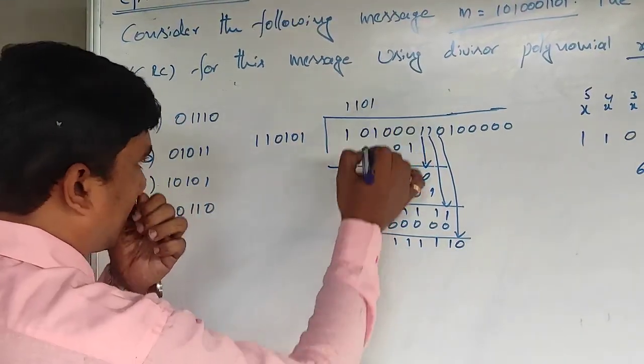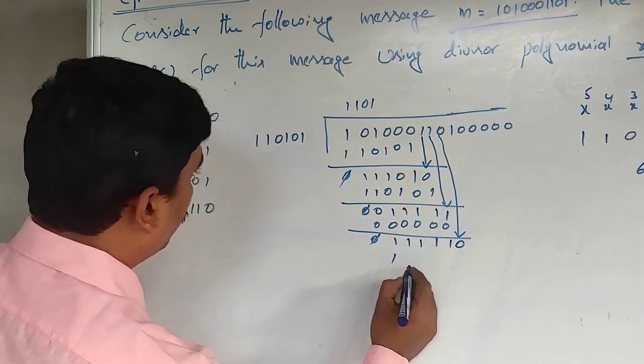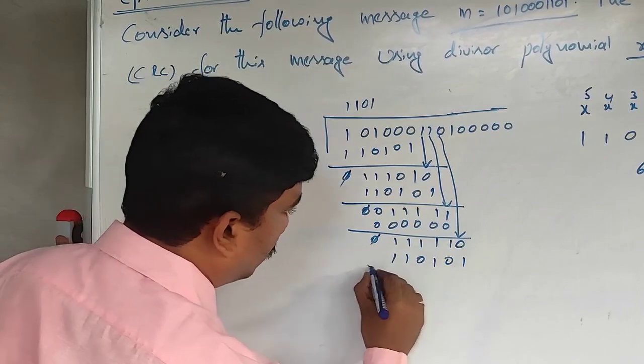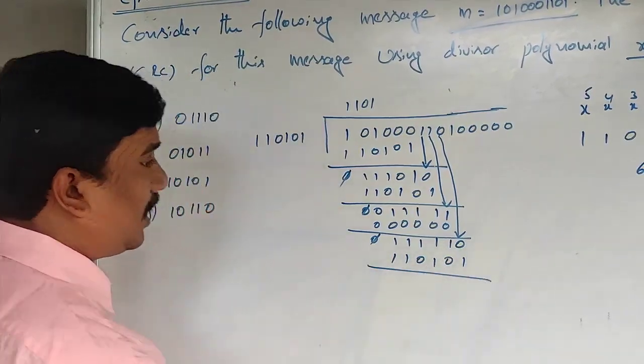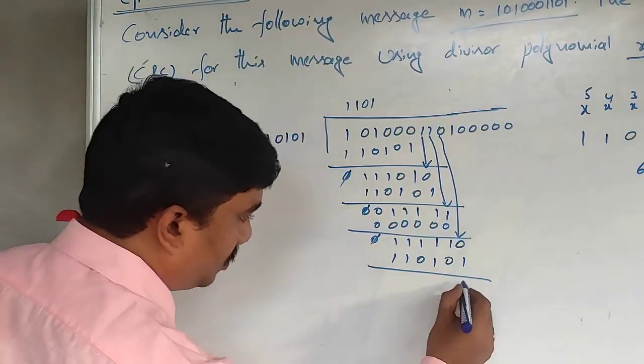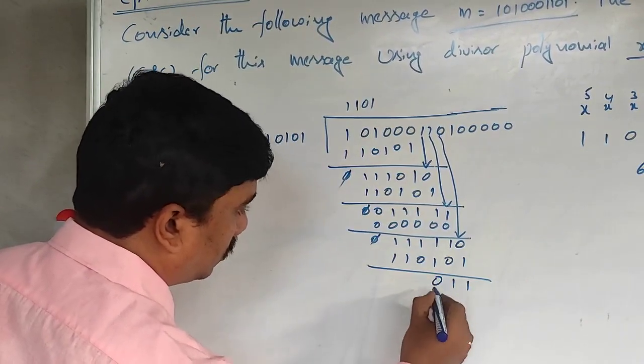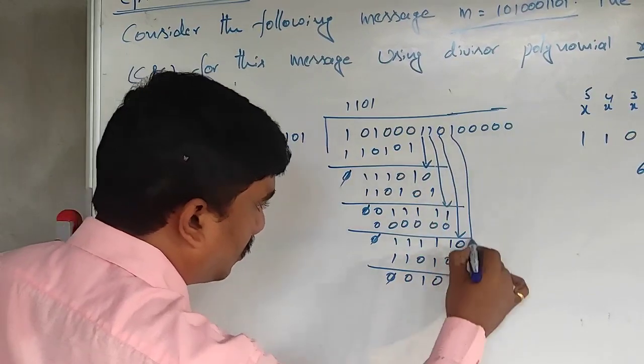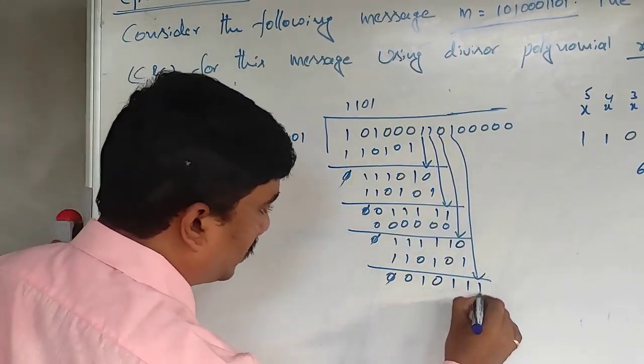So, one time 1 1 0 1 0 1, cancel it and apply the XOR operator or subtraction, 1 1 0 1 0 0, cancel it, put down one bit, that value is 1.